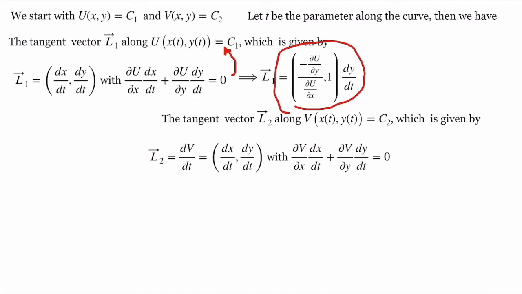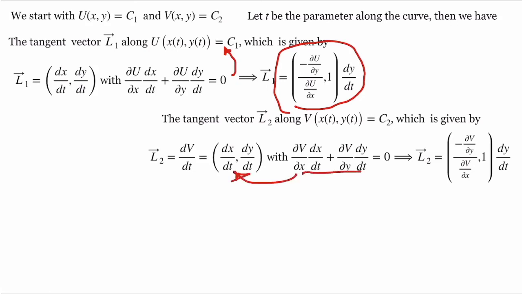That is to say the curve is described by v(x, y) = constant. Now we can substitute this expression back into the tangent vector, and we obtain a cumbersome looking expression for the tangent vector, factoring out dy/dt.